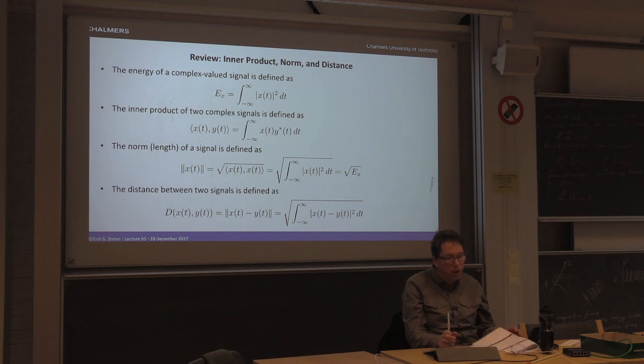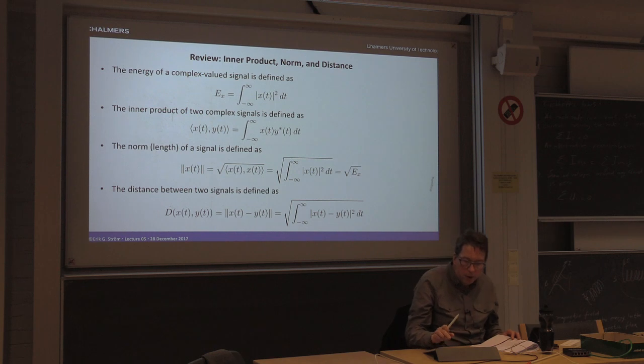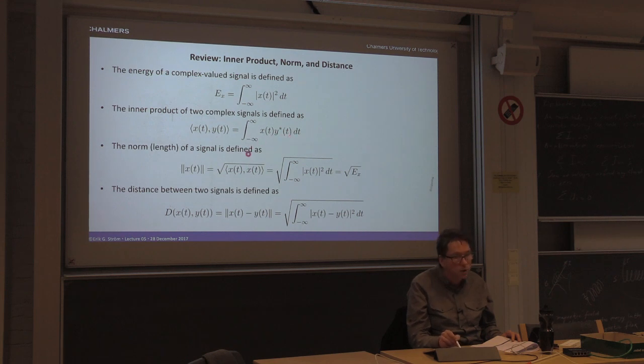do a quick recap of some basic stuff that we talked about earlier, namely inner products, norms, and distances. So we remember that the energy of a signal is the signal magnitude squared integrated for all times. The inner product of two signals, x and y, is this integral: x times y conjugate integrated for all times.